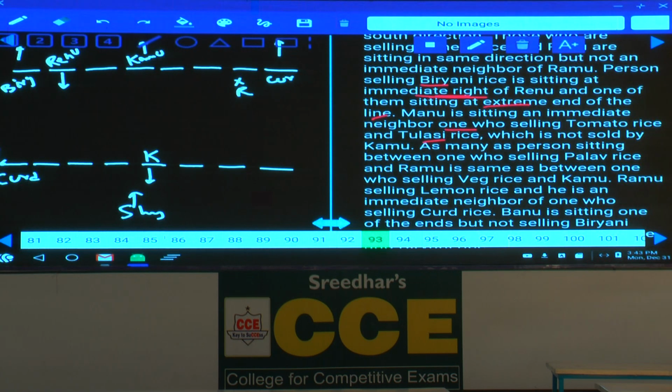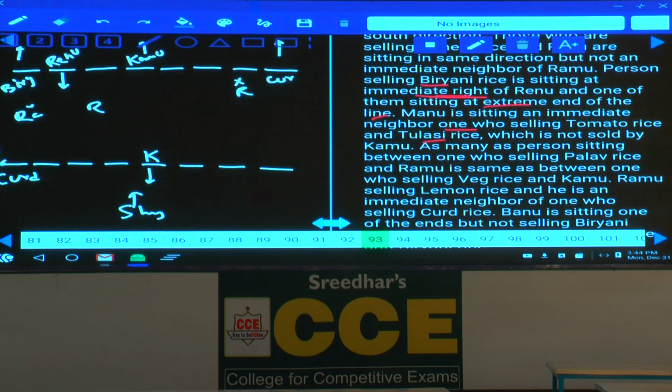Now these two persons, paneer rice and Renu, are not immediate neighbors of Ramu, hence Ramu cannot be at this place and cannot be at this place, isn't it?